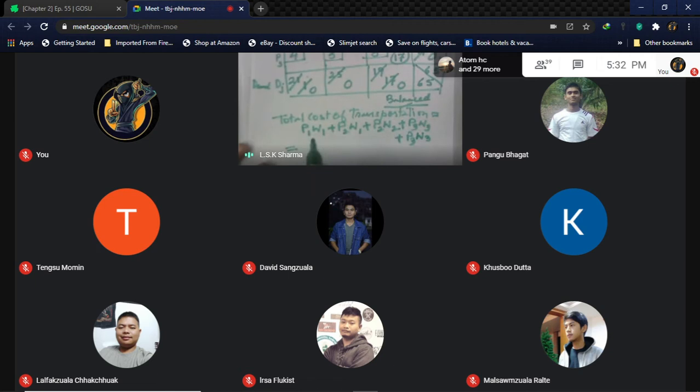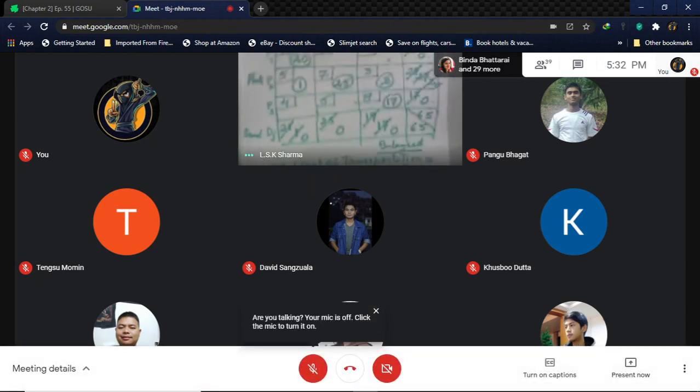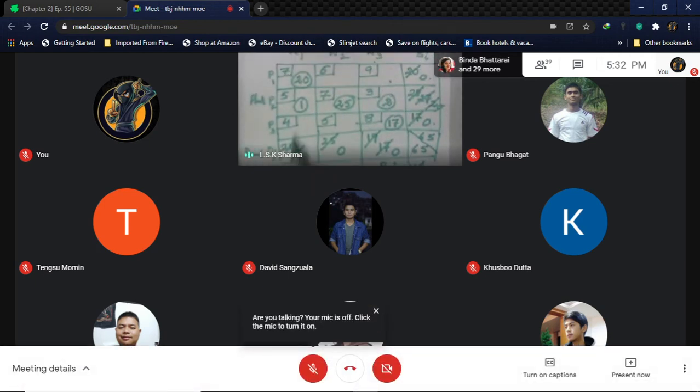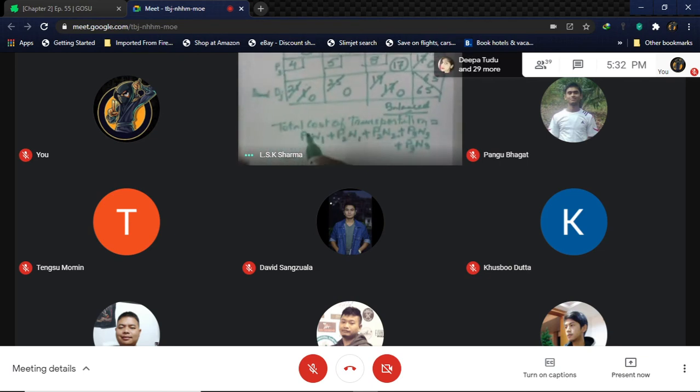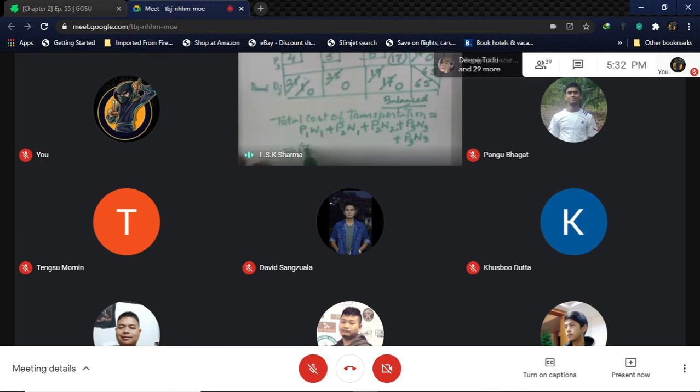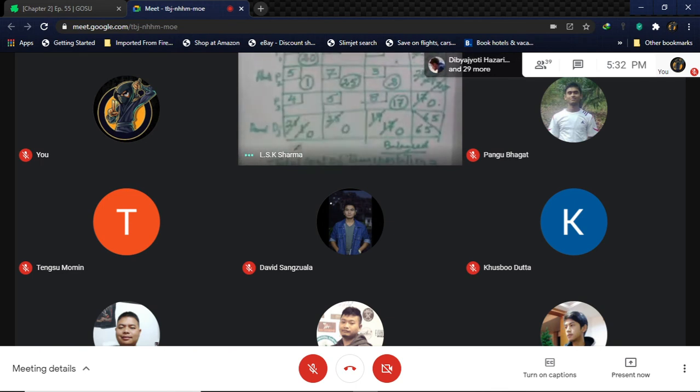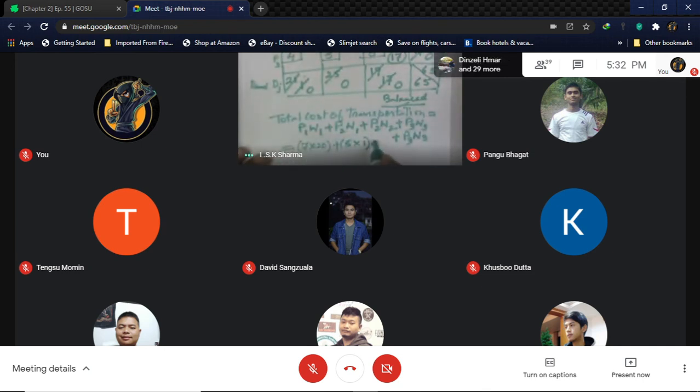Now put the values of these. These are nothing but P1 into W1 means what? It means 7 into 20. 7 is the cost per unit of items being transported, and 20 is the number of units which are being transported. So you have how much out here? 7 into 20 plus the next one, 5 into 1 plus P2 into W2, 7 into 25.